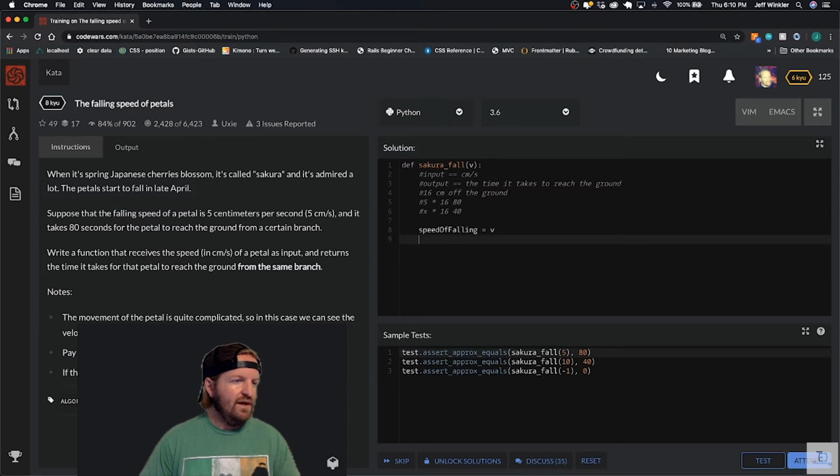And what else do we know? We know the distance it will fall will always be 16, right? And then all we need to do is return the distance.